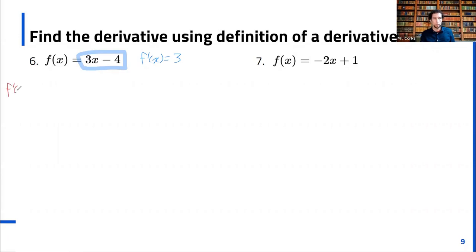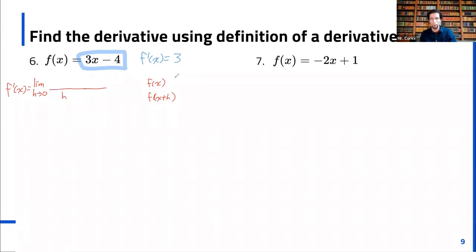So f prime of x is equal to the limit as h approaches 0 of, so we need an f of x and an f of x plus h, and on the bottom it's just h. That's very easy. So a bunch of stuff over h.